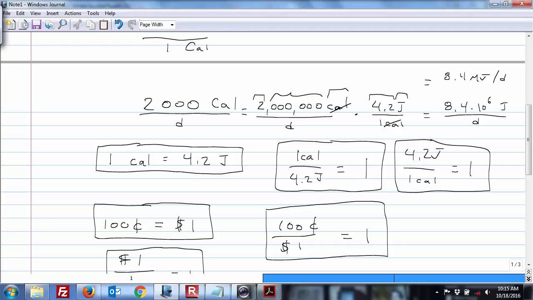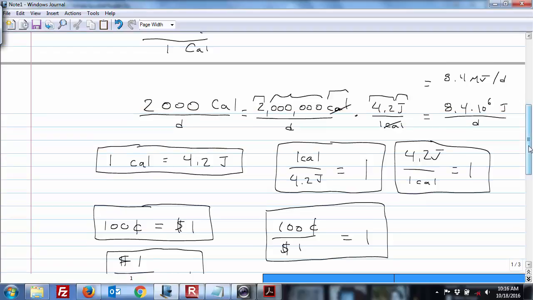An easy way to check that is we've got 8.4 megajoules, or 8,400,000 joules. Do the same thing with your decimals, extend it out and multiply, and see what number you come up with. You might come up with 2 or 3 extra joules out of 8,400,000, which is probably not that big a factor.